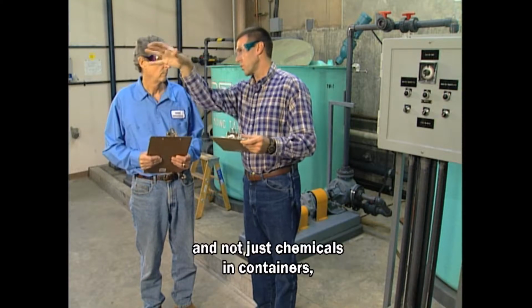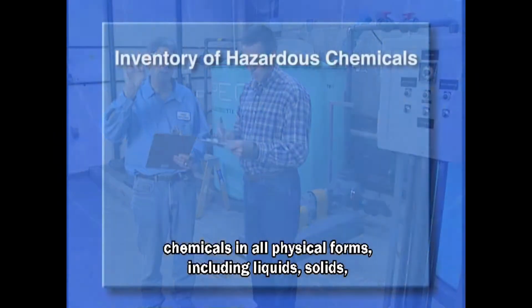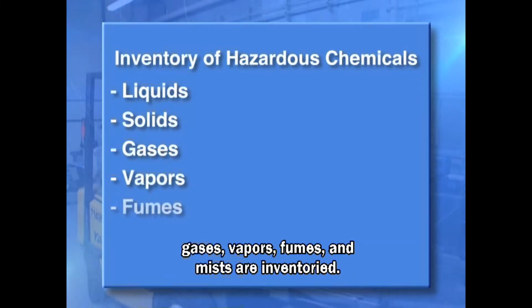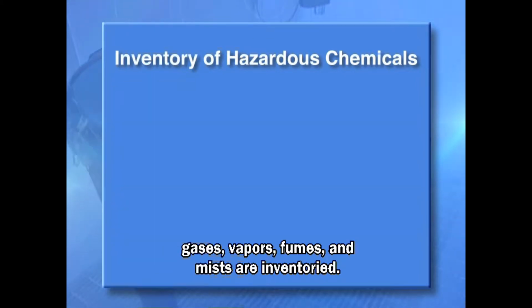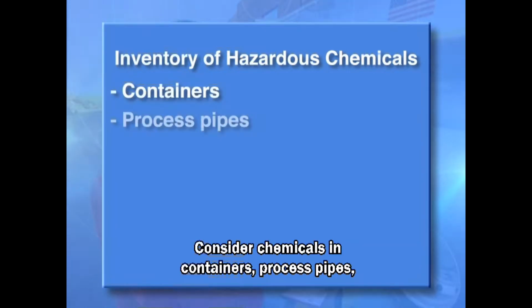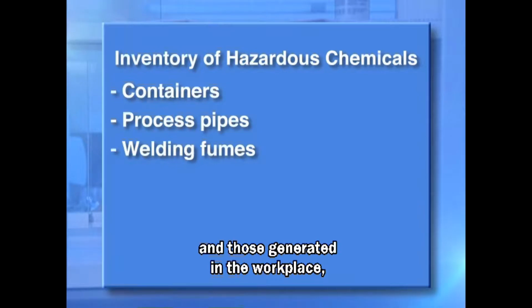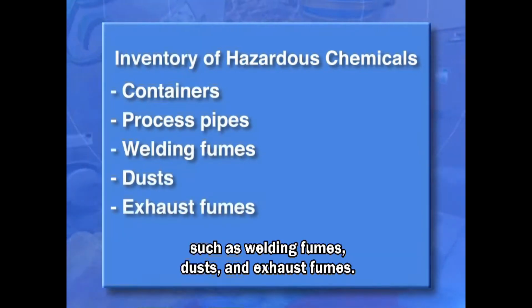And not just chemicals in containers. Chemicals in all physical forms, including liquids, solids, gases, vapors, fumes, and mists, are inventoried. Consider chemicals in containers, process pipes, and those generated in the workplace, such as welding fumes, dusts, and exhaust fumes.